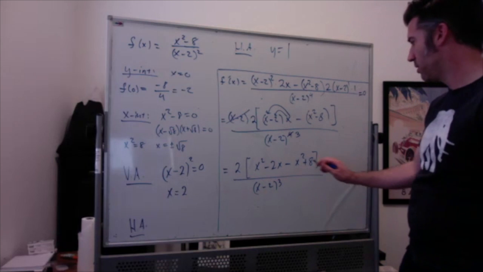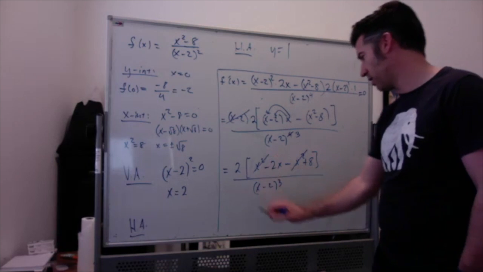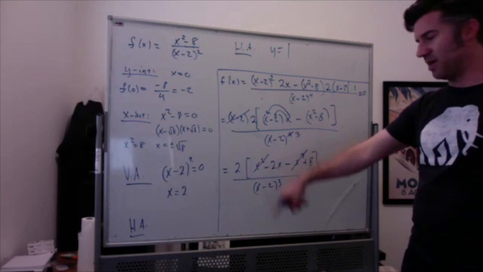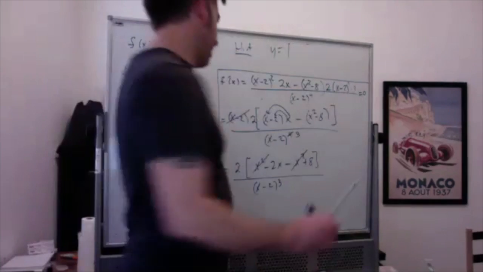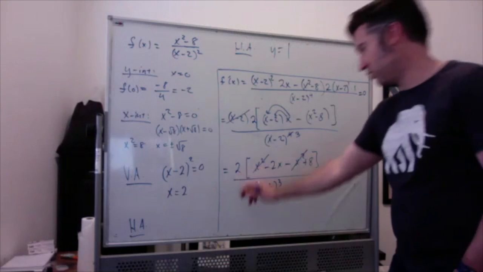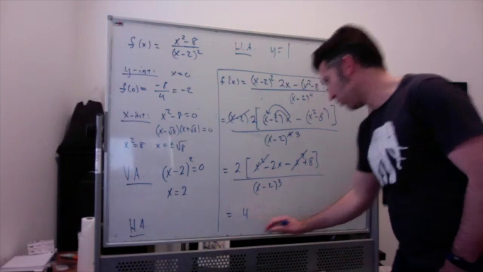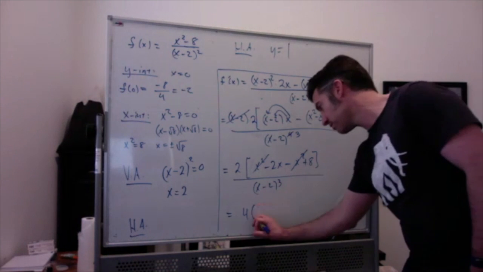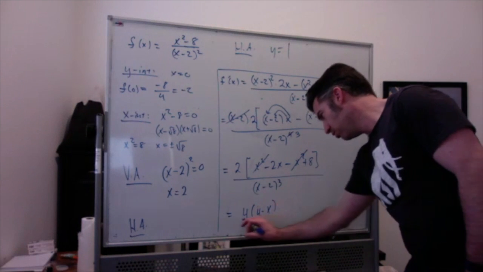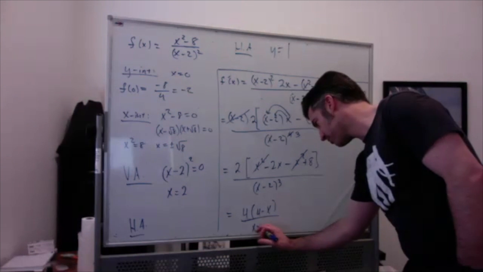Whew. Cancel the x squareds. This is 8 minus 2x. I can factor out another 2, I suppose, and write it as another 2 would give me a 4, and it would be a minus x plus 4, or a 4 minus x. Oh boy, that was a lot of work.